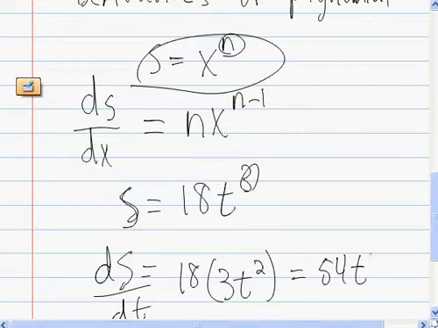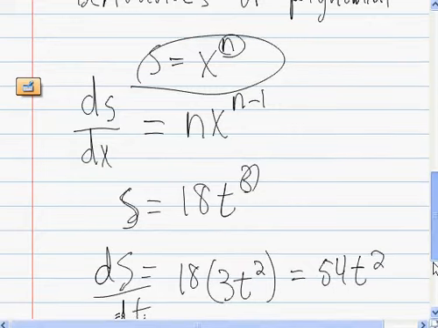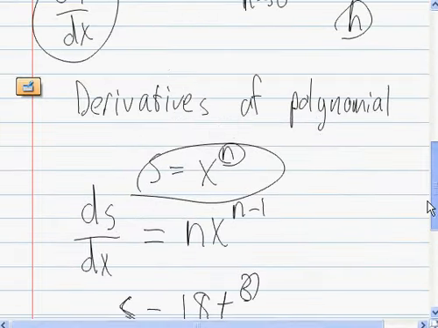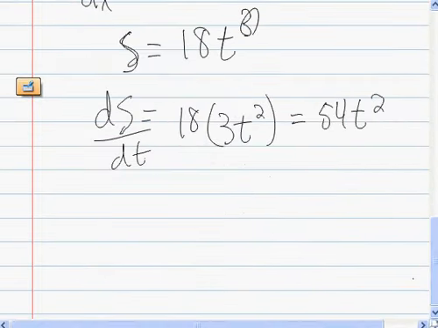Okay, that's not terrible. And it turns out that as long as I mentioned polynomials, I just did a monomial there. But if I have a string of terms, I just do the same thing.